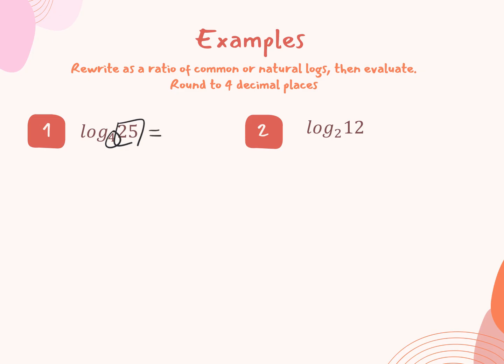So this is the same as log of 25 over log of 4. Remember, if you don't see a number there in the base, it's log base 10. We call that a common log. And this is the same also if you were to use ln of 25 over ln of 4, because remember, that's log base e.